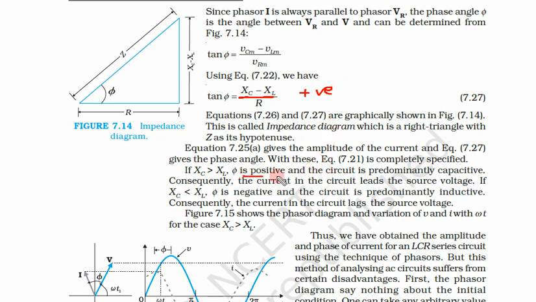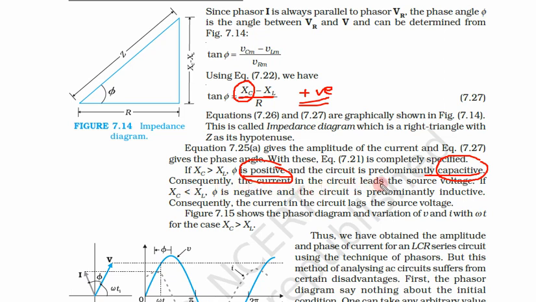So this phi is positive, and the circuit is predominantly capacitive. We say if phi is positive, circuit is predominantly, that means mainly, capacitive, because this XC is more.